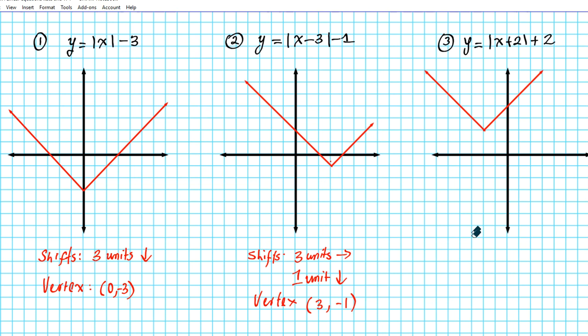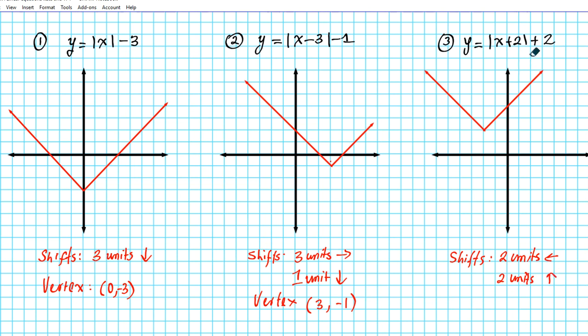Now, for this one over here, we have shifts in both directions also. This positive 2 is grouped with the x, so we're going to do the opposite move, which is 2 units, not to the right, ladies and gentlemen, but to the left. 2 units to the left. And then we have +2 for the k. That is 2 units upwards.